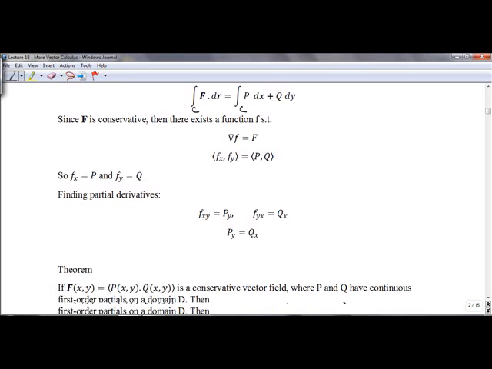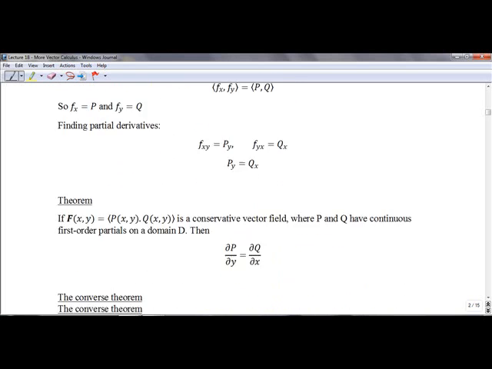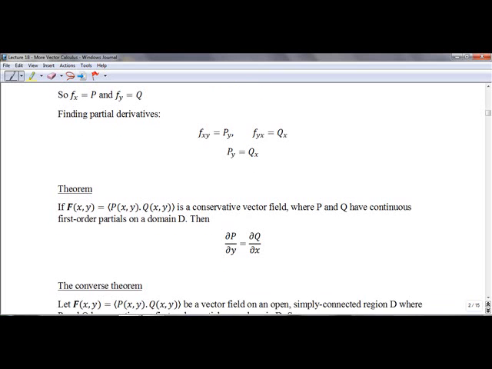Therefore, this brings us to this very important theorem. After all that I have said, this is what I want to concentrate on. Highlight it, put it on a note sheet for exams. You need to learn this. If you have a vector field with components P and Q, and you know that the vector field is conservative, that's very important, because if it's not conservative, that formula will not work.